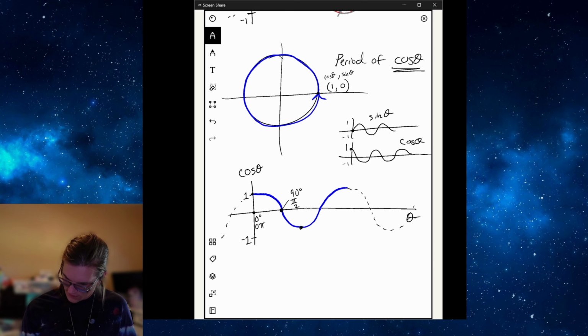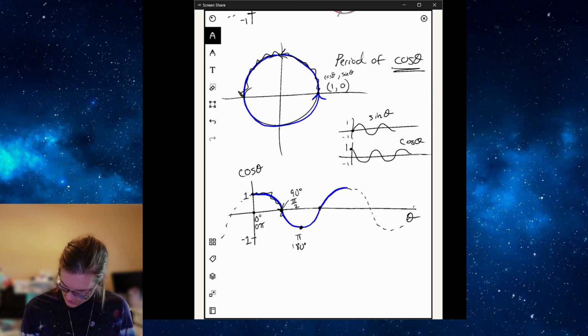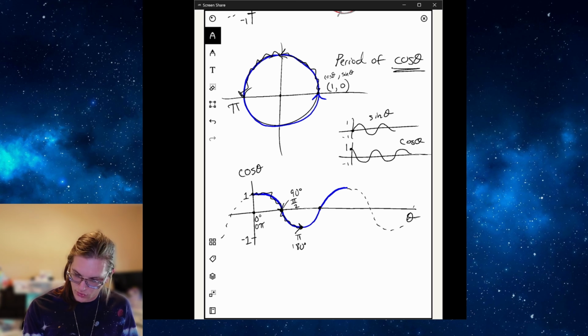This right here is pi, 180 degrees, and you always remember that cosine is -1 there, obviously. It's this distance of 1, but in the negative direction.